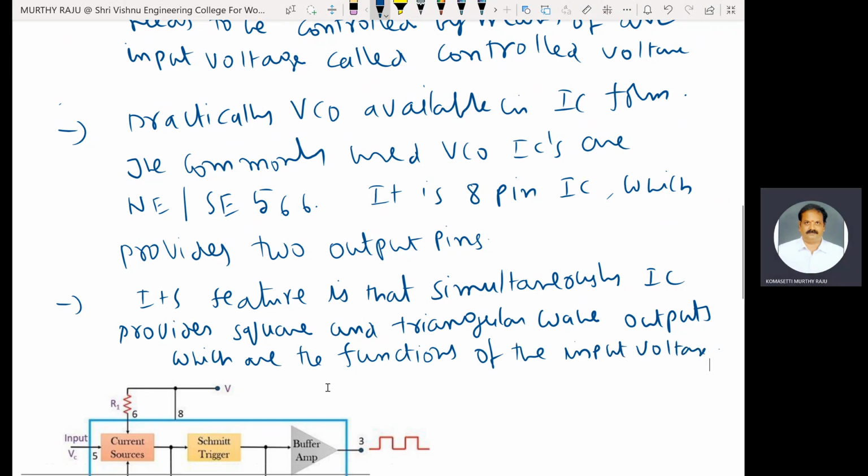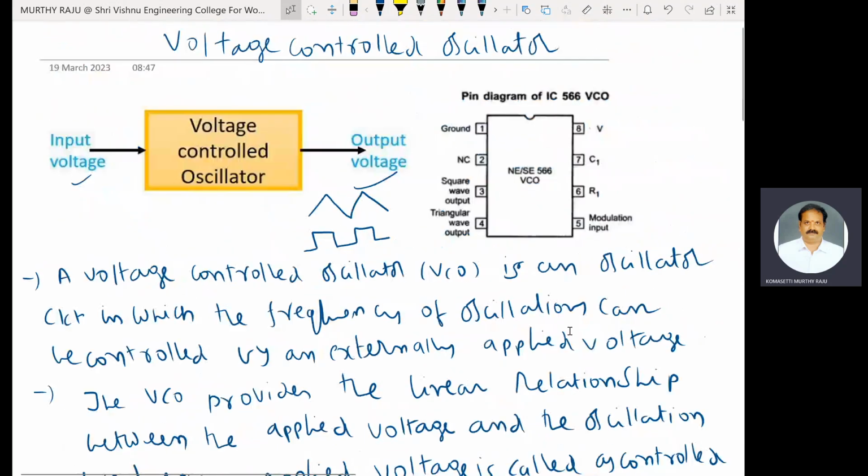Here are some important points related to the voltage controlled oscillator. This is the pin diagram. Practically, a VCO is available in IC form: IC 566 VCO, NE/SE 566 VCO. The first pin is ground. The second is not used. The third pin is the square wave output. The fourth pin is the triangular wave output.